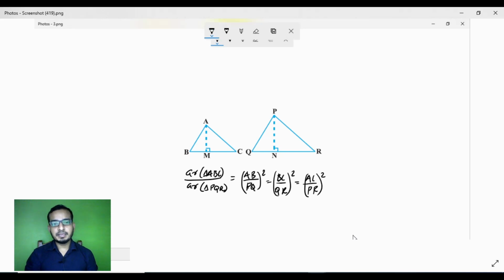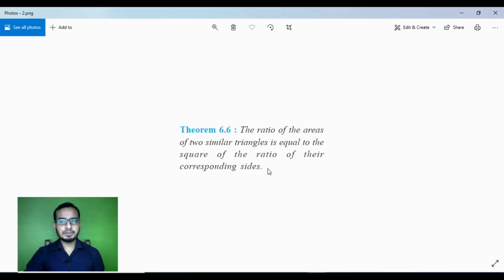The ratio of areas of these two similar triangles is the same as the squares of the ratios of corresponding sides. Now we are going to do some exercise questions based on this theorem.